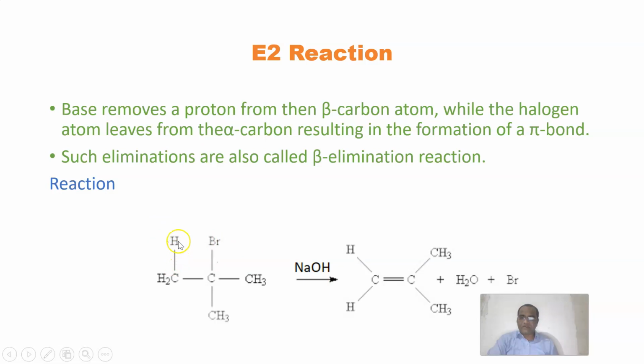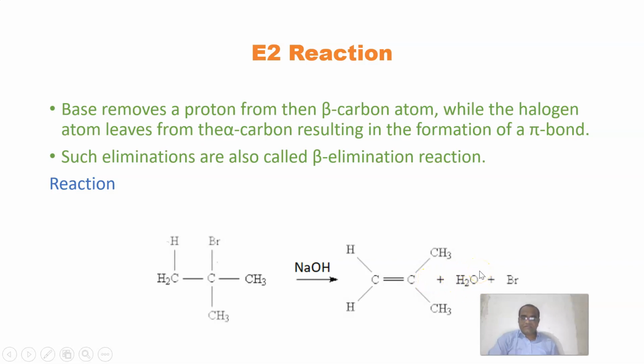After abstraction of the hydrogen, it forms a pi bond in between, and simultaneously this Br is removed, forming a water molecule plus the removal of this Br. So from the reaction you can understand that H2O has been removed.